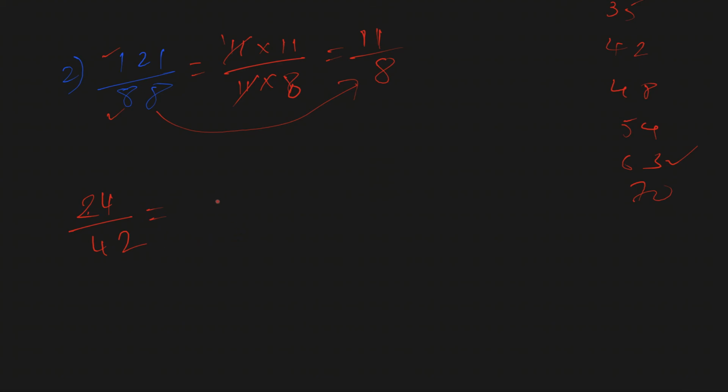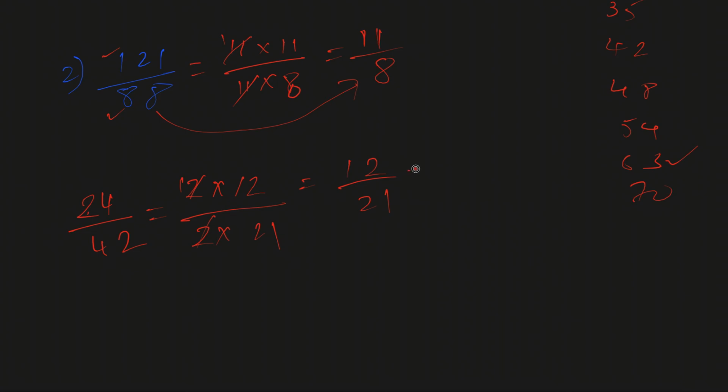The easier way we can use is this: we know that both 24 and 42 are even numbers, so they will be in 2's table. So 2 times 12 is 24, and 2 times 21 is 42. Then 2 over 2 is 1. So now we are left with 12 over 21.